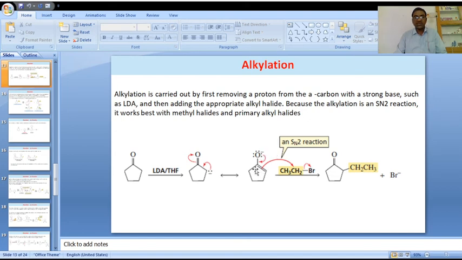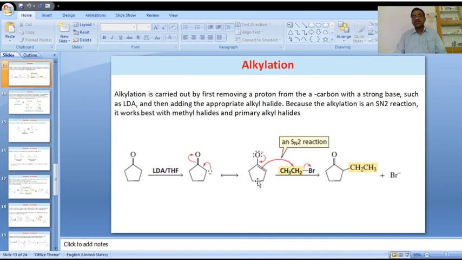This is the new pi bond generated between the carbonyl carbon and alpha carbon. These two are isomeric structures, resonance structures.